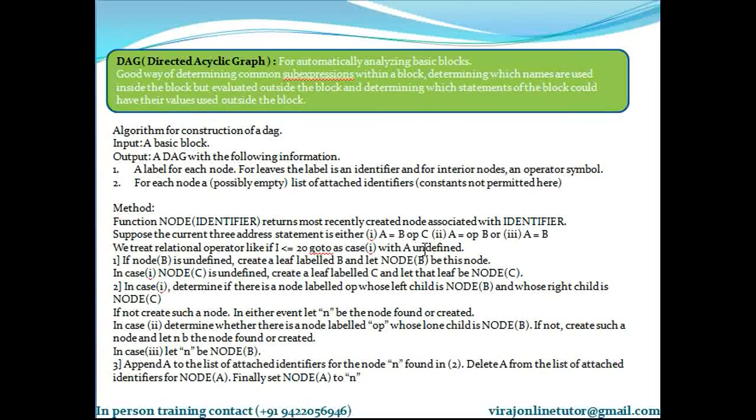A is equal to B op C. Suppose the current 3 address statement is either A is equal to B operation C, or A is equal to operation B, or A is equal to B directly. We treat a relational operator like if I is less than or equal to 20 go to as case 1 where A is undefined.